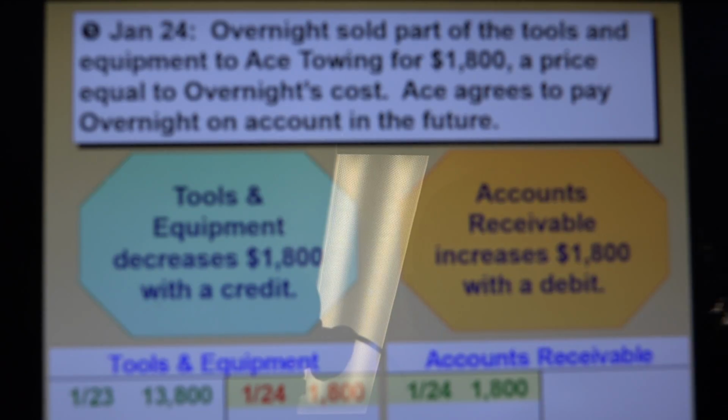January 24, Overnight sold part of the tools to Ace Towing for $1,800, price equal to Overnight's cost. Ace agrees to pay Overnight on account in the future. So we reduce by crediting tools and equipment for $1,800, and we create another asset account called accounts receivable and debit it for $1,800.